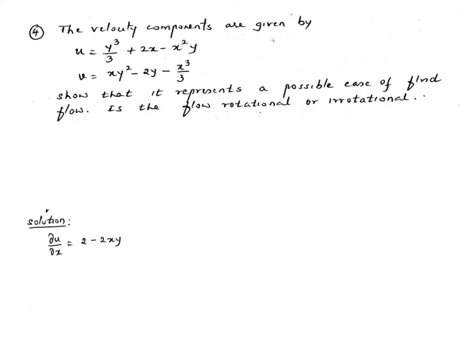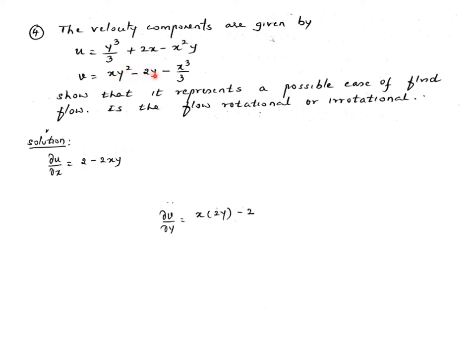Very simple problem. So we have dou u by dou x. Here this term will be 0, differentiation of 2x is 2, and differentiation of x square is 2x, so it will be minus 2xy. Similarly take v and differentiate with respect to y. Differentiation of y square is 2y, differentiation of y is 1.